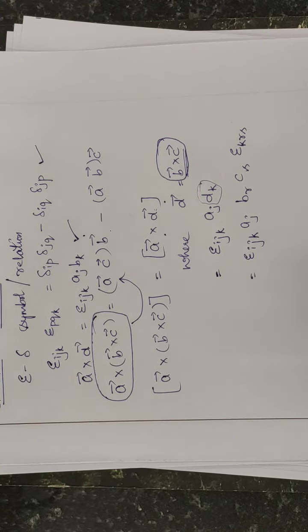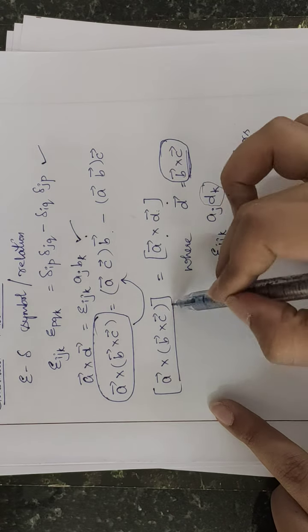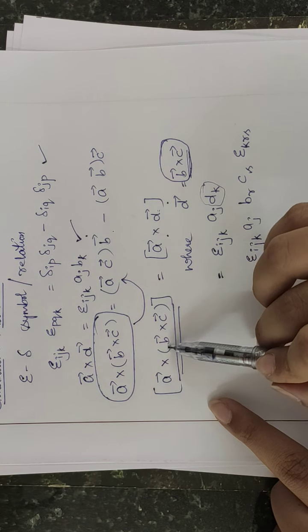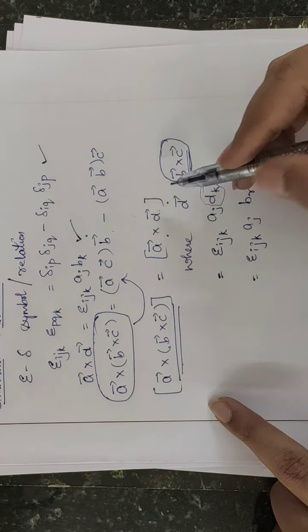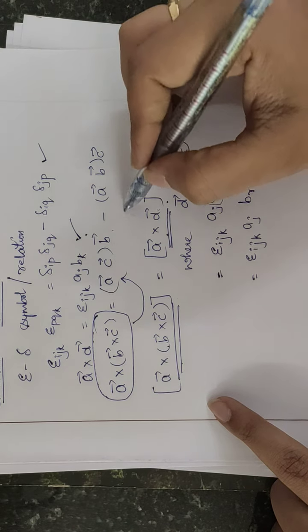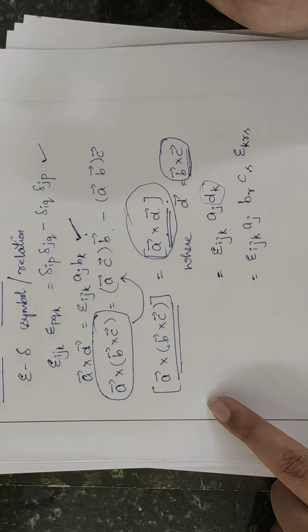I hope you are understanding the concept. First we had a cross product of three vectors. I have just converted this into a cross product of two vectors, because I know that the cross product of two vectors is equal to this.